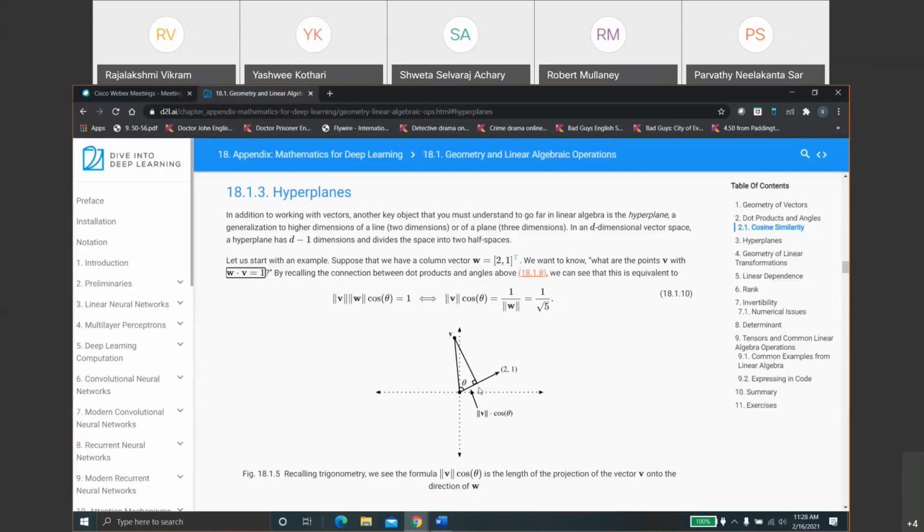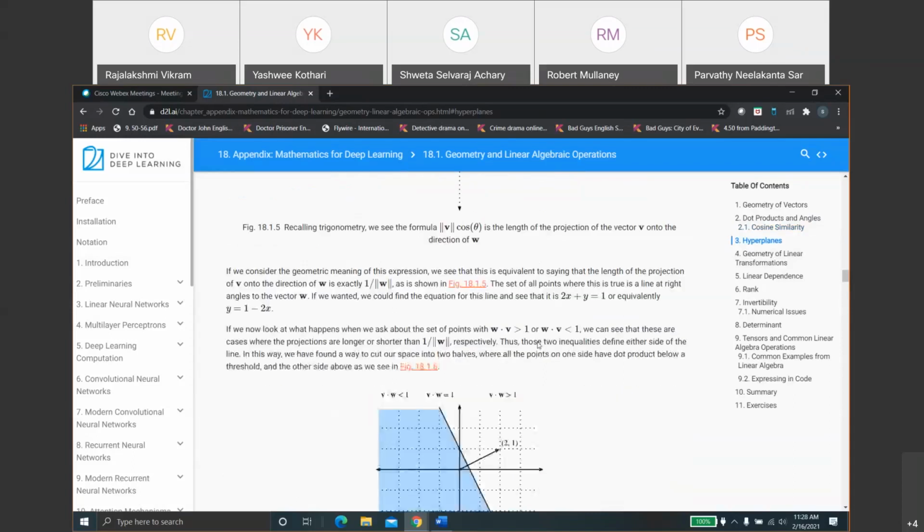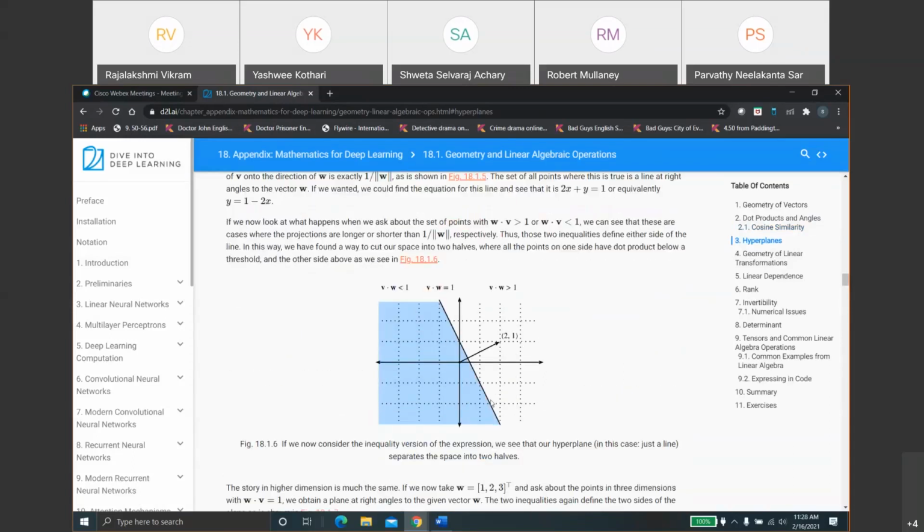All points that lie on this line will satisfy W dot V equals 1. All points that lie on the left will have W dot V less than 1, and all points on the right will satisfy W dot V greater than 1. You can see it in this diagram.